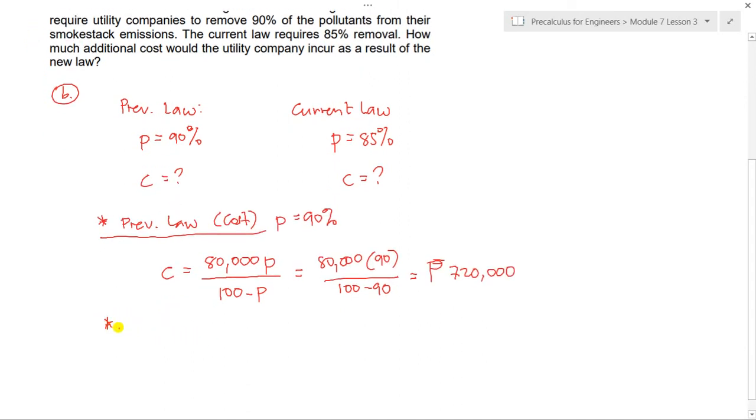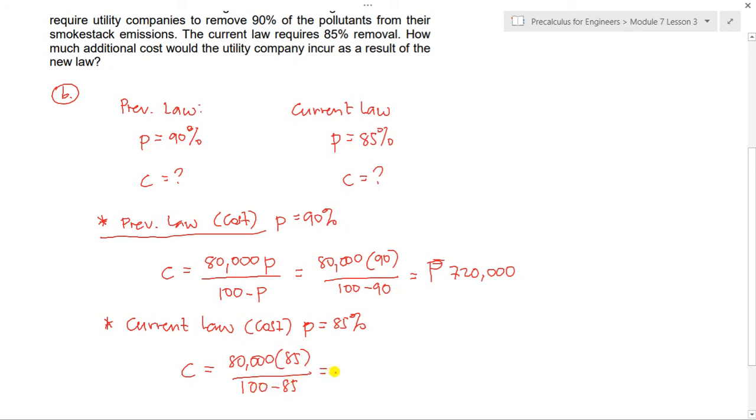In the current law, ang cost na pangitaon natin at P is equals to 85%. So plug ra dayon, substitute ra, that is 80,000 multiplied by 85 divided by 100 minus 85, that is equal to, so this is 85, then this is 85.